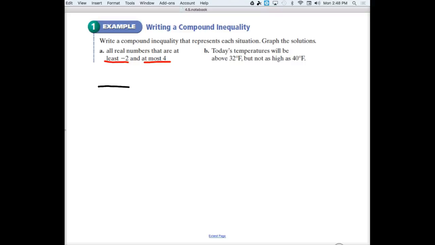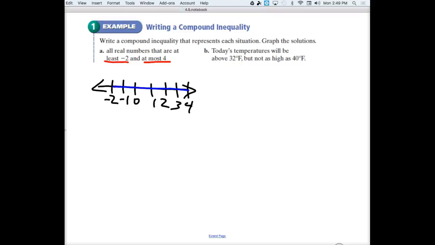If you want to think about it graphically, we're going to be at most 4 and at least -2. So as I was saying before, we're going to start at each of these points, and it's going to be everything in between there, right?